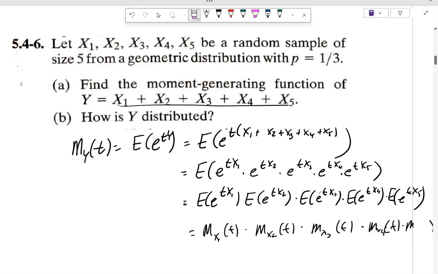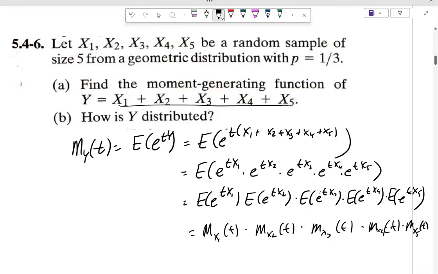Let's write that a little bit neater. Now, notice I didn't take into account anything except that the X's were independent, right? But now what else do we know besides independence? They also all have the exact same distribution, right?